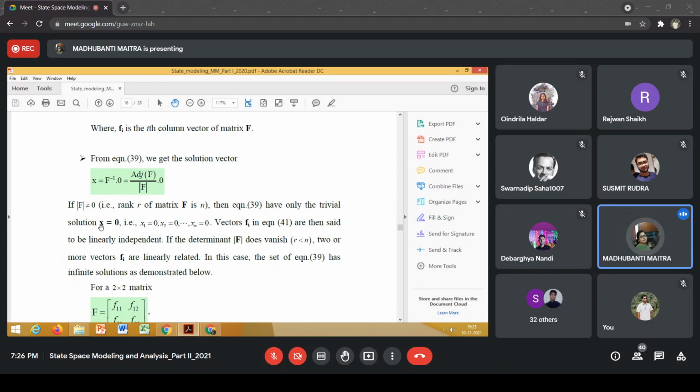So the vector x will have a solution which is a 0 vector, and this solution is known as the trivial solution because all the values of x1, x2, x3, xn are 0, right?